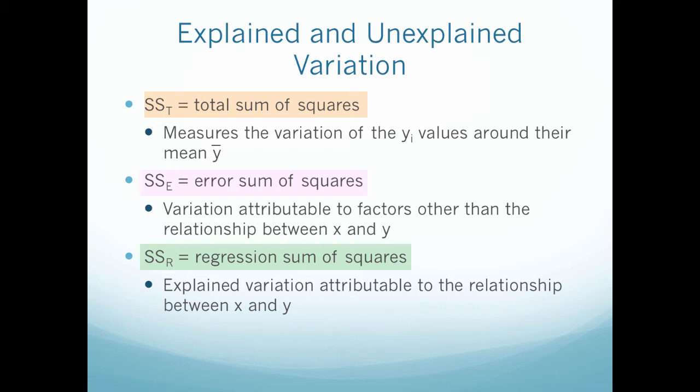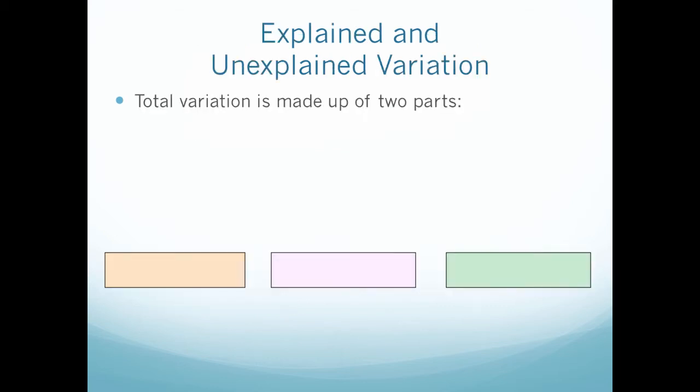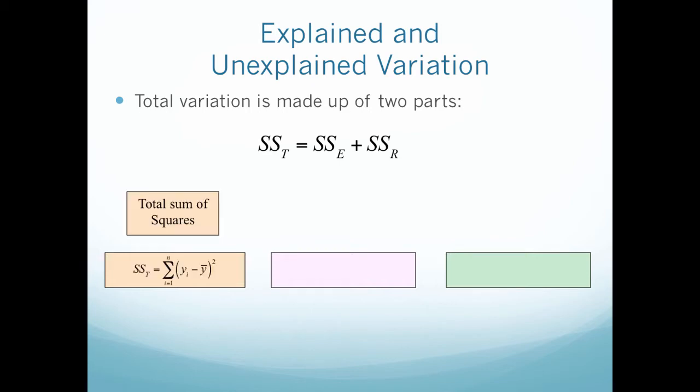So let's look at these formulas, and then we'll look at a visual to help understand them. Okay, so the total variation, or the SSt, is made up of two parts. The SSt is equal to my error sum of squares plus my regression sum of squares. The formula for SSt is the difference between each observed value and the mean, squared, and all of those added together.